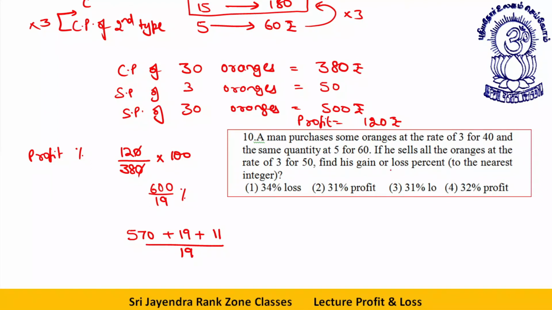What is being told to us? To the nearest integer. 570 divided by 19 will give me 30, and 19 half is 9.5, so this will be 0.6 approximately. So it is 31.6% profit, or 32% profit.